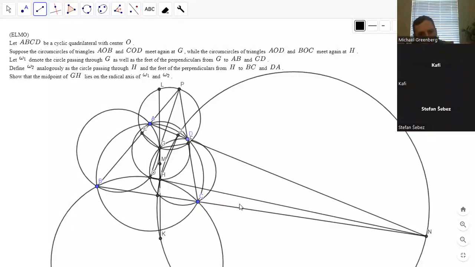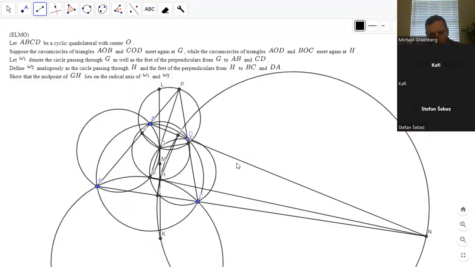So, and then by Brocard's theorem on OPN, yeah, because it's kind of well known. Okay. And then we don't need quadrilateral ABCD. We just have triangle OPN and its two altitudes.